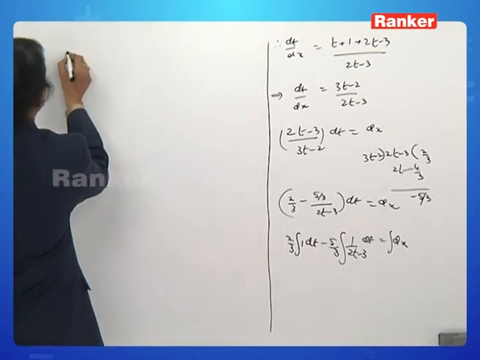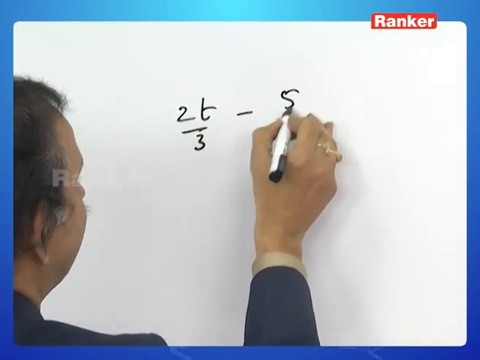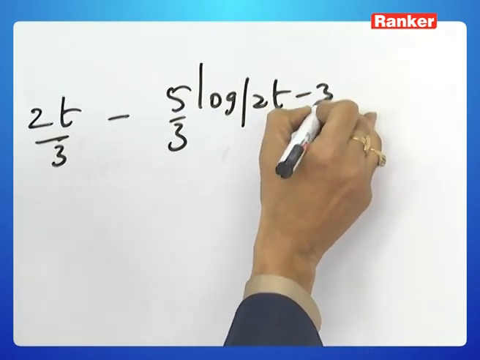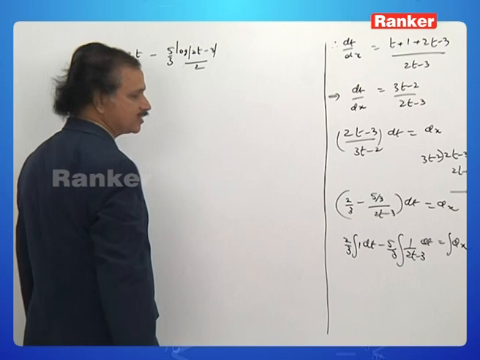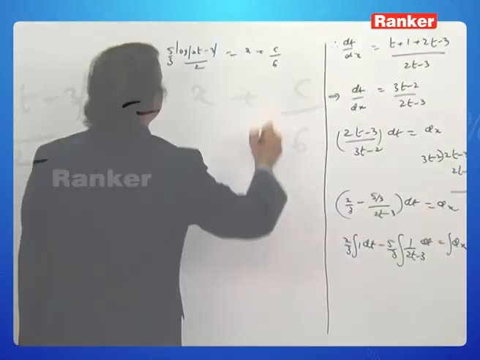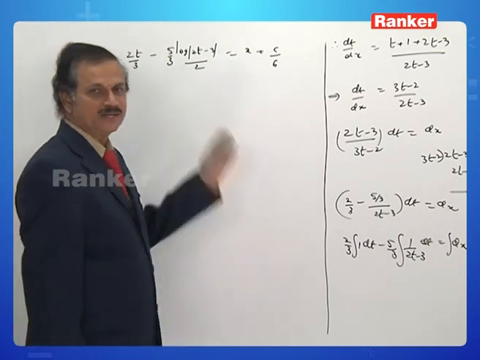It is 2t by 3 minus 5 by 3 into log of 2t minus 3 by 2, don't forget it, is equal to x plus c. By 6, I like to write because I'm going to have 6 as the LCM here.